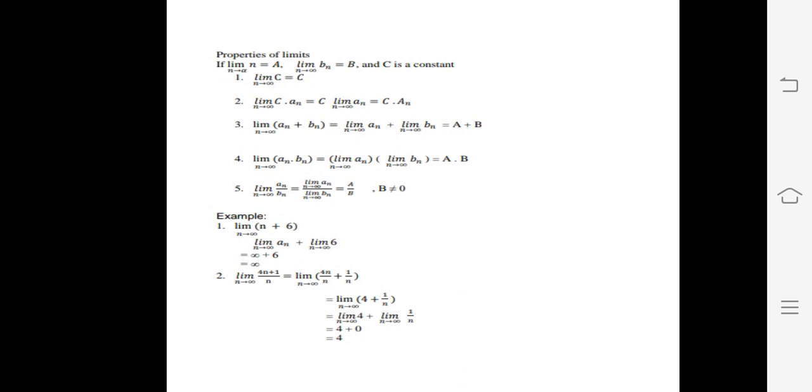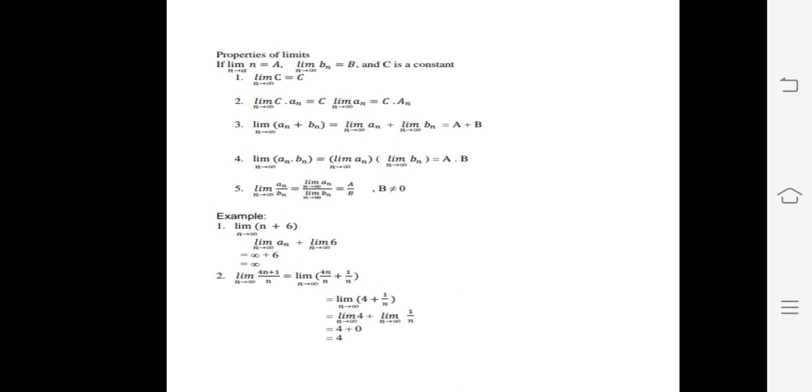First, the limit of c is equal to c as n approaches infinity. Second, the limit of c times a sub n is equal to c times a as n approaches infinity. Number 3, the limit of the quantity a sub n plus b sub n is equal to the limit of a sub n plus the limit of b sub n, which is equal to a plus b as n approaches infinity.